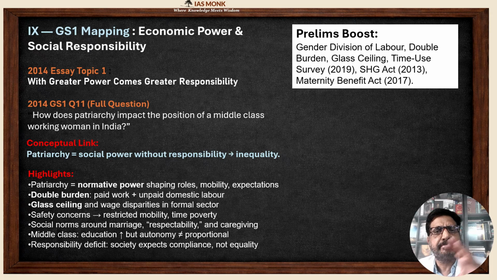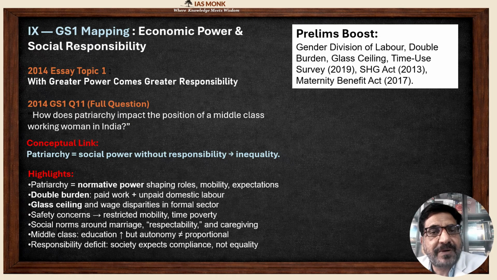Workplaces mirror these biases through pay gaps, glass ceilings, and limited leadership pathways. At home, the double burden reduces her mobility, leisure and career progression. Social expectations around marriage, safety, and respectability further restrict autonomy of women.